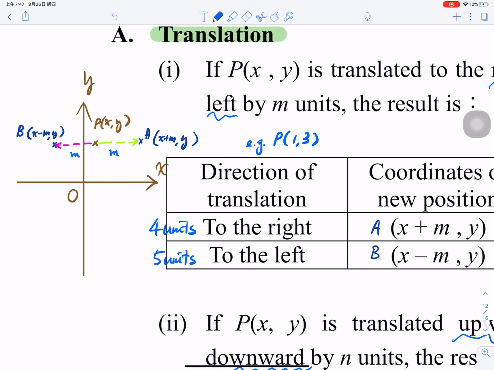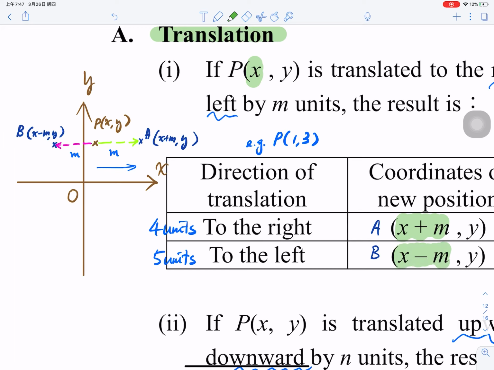If translate to the right hand side, then what happened? You see x plus m, right? If translate to the right hand side. And if translate to the left hand side, then x minus m.